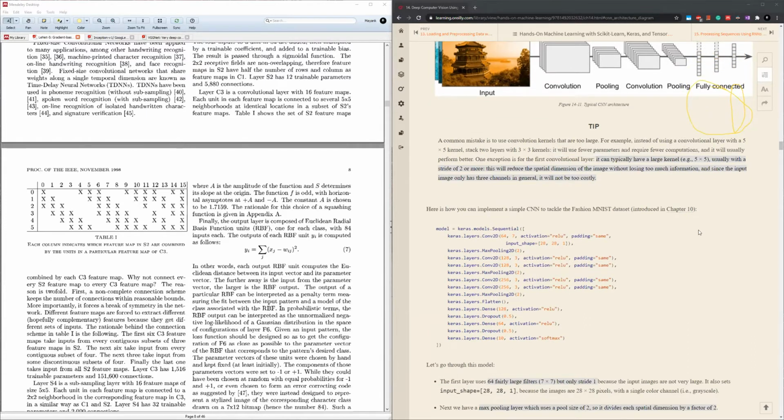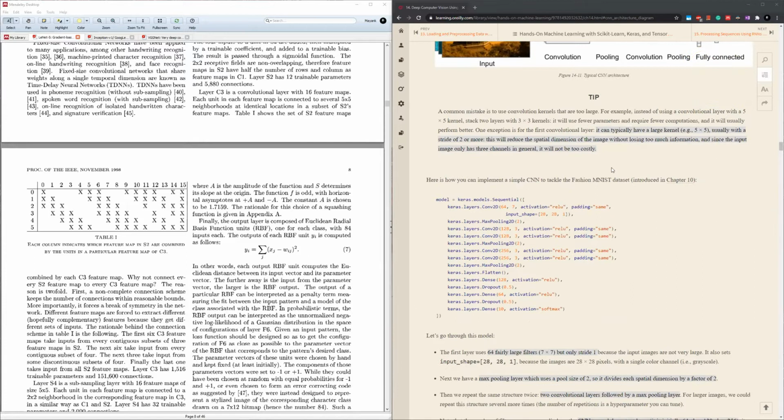Then we go down to the tip, in which they have convolution kernels that are too large. That's the rule of thumb they have defined, and why they have convolution layers with 5x5 kernels, and what's the difference between a large kernel and two layers with 3x3 kernels.